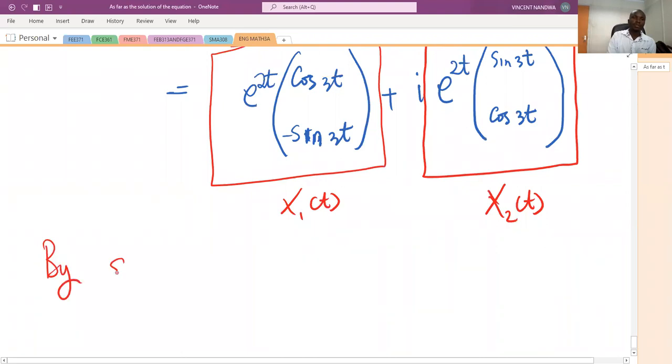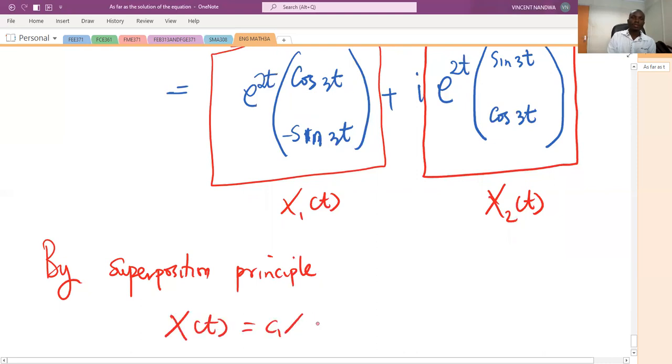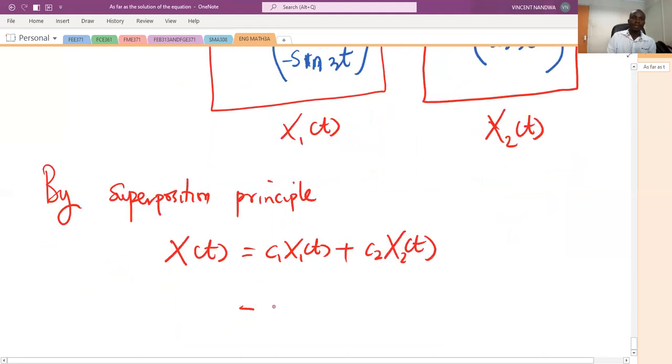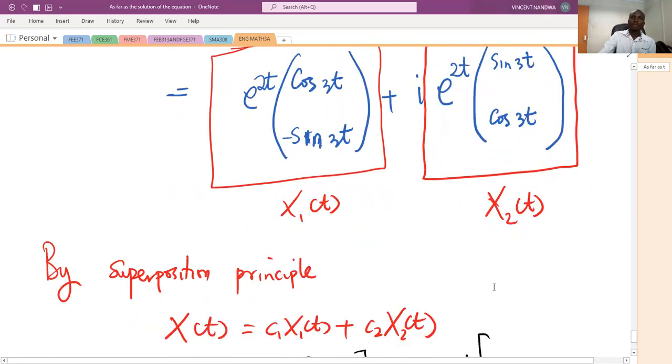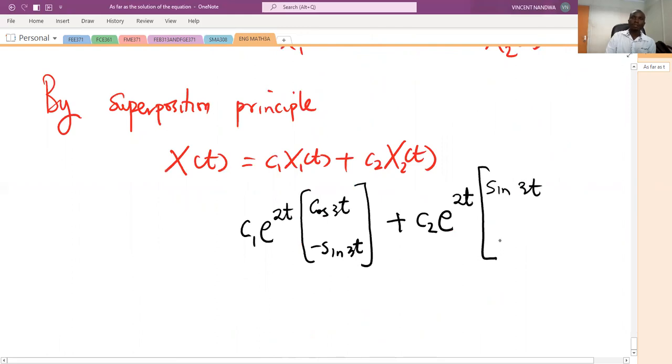So by superposition principle, the solution x of t is given by C1 x1 of t plus C2 x2 of t, which will be given by C1 e raised power 2t into, so you have cos 3t minus sine 3t, plus C2 e raised power 2t into sine 3t, and then cosine of 3t.